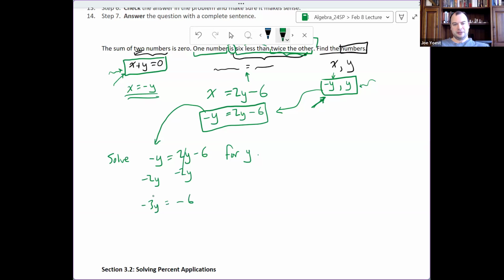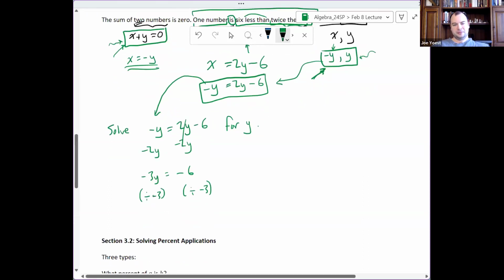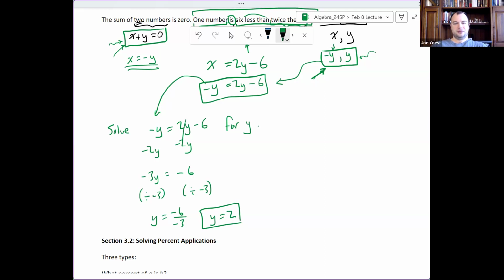Since this is an equation, not an inequality, I don't have to worry about dividing by a negative. Negative 6 over negative 3, a negative over a negative is a positive, and 6 over 3 is 2. So I get y equals 2.